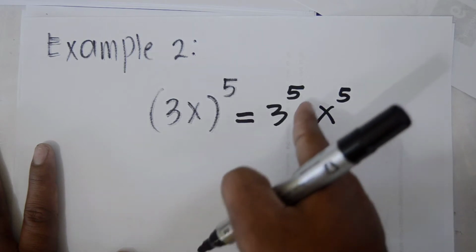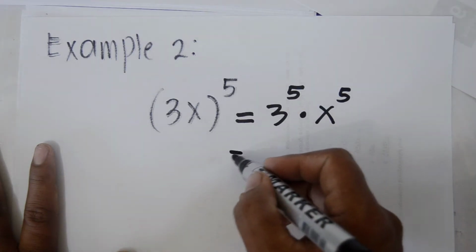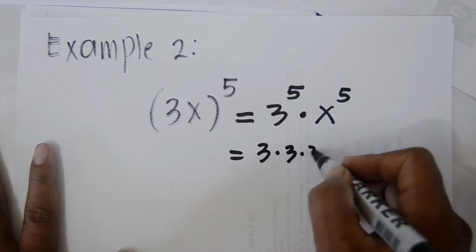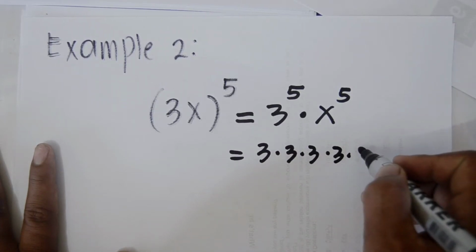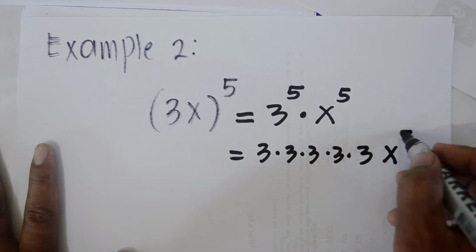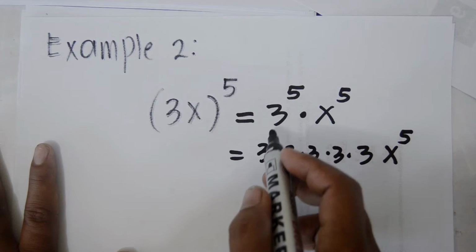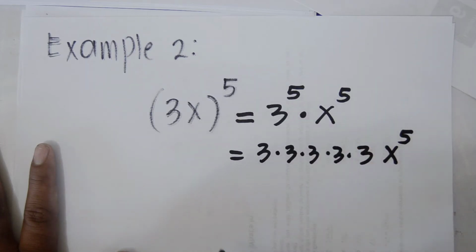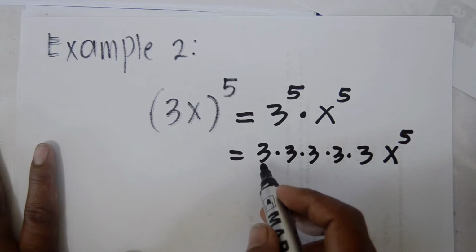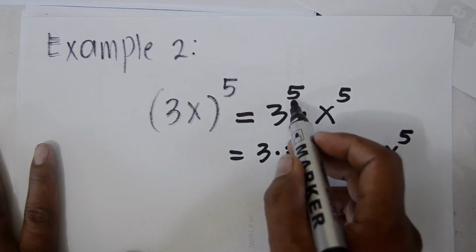And 3 raised to the power of 5 can be simplified. That is equal to 3 times 3 times 3 times 3 times 3. We multiply 3 five times because the exponent is 5.